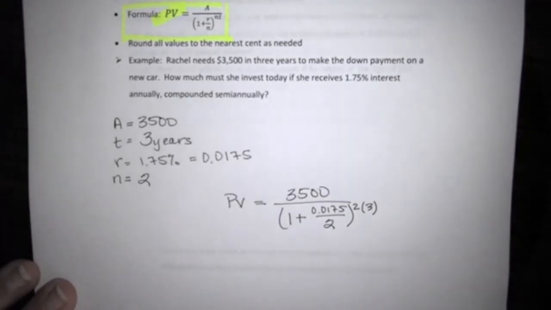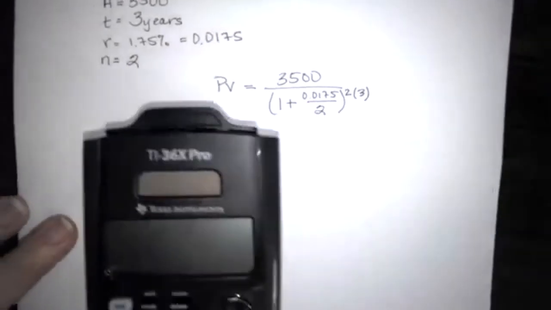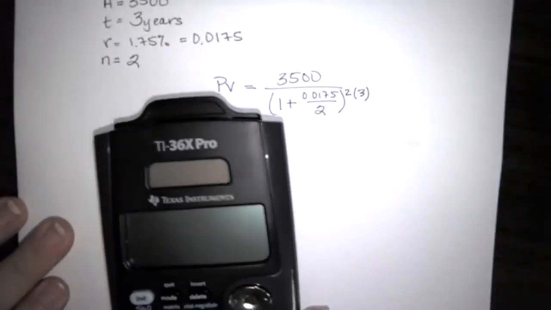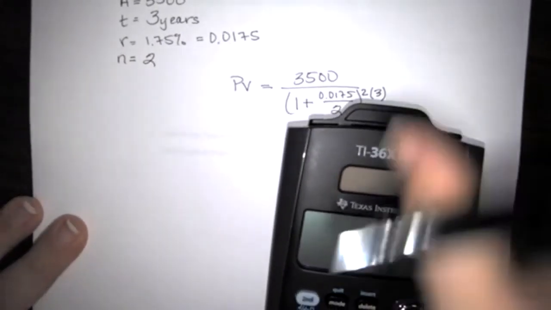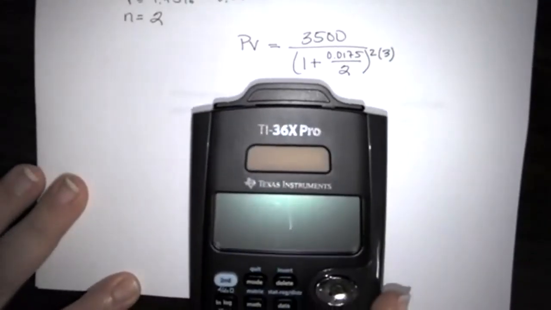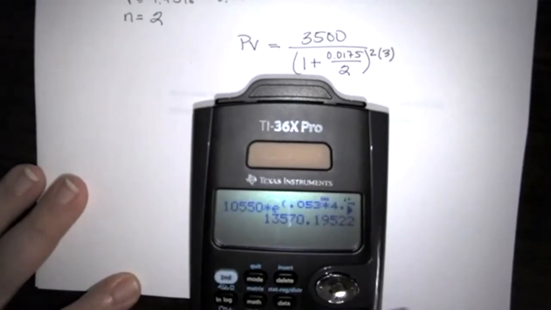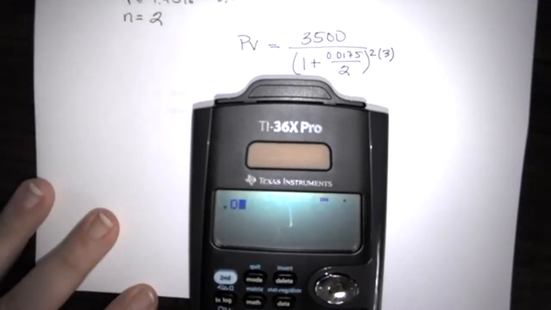So again, we're going to put that in our calculator, and we are going to work backwards. Bear with me while I get my calculator into a good spot. Alright, so we're going to start in the denominator, and we're going to work our way out. So we've got 0.0175. We're going to divide that by 2 and hit enter. We're going to add 1 and hit enter.